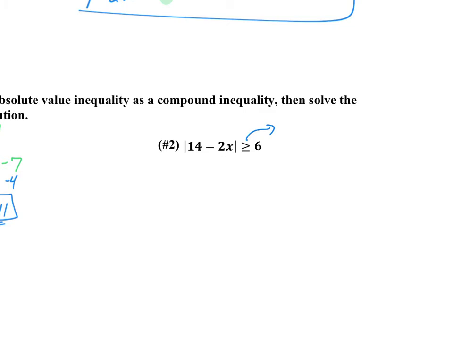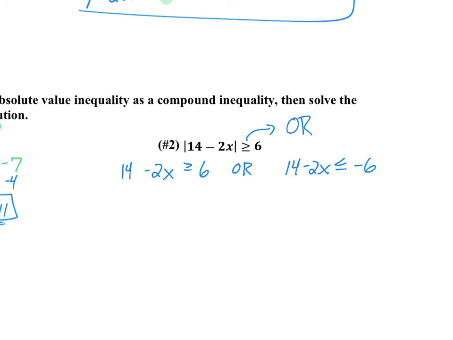This is the absolute value of 14 minus 2x is greater than or equal to 6. So greater than means an or. So if we write this out, 14 minus 2x is greater than or equal to 6, or 14 minus 2x is less than or equal to negative 6.